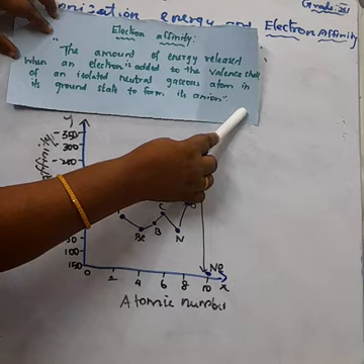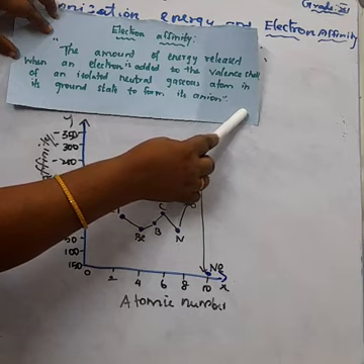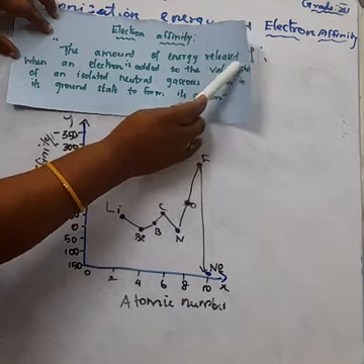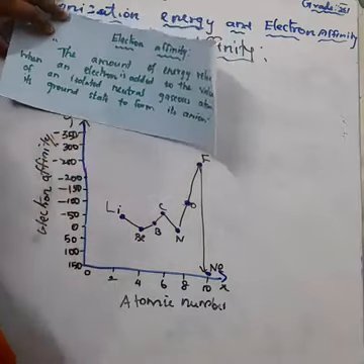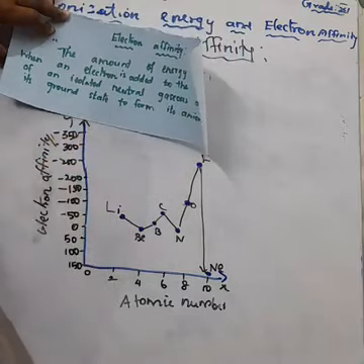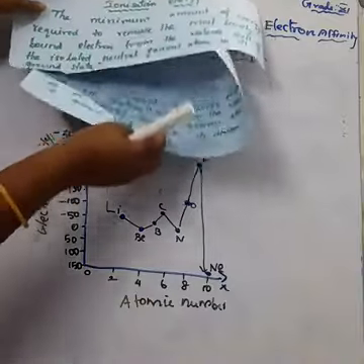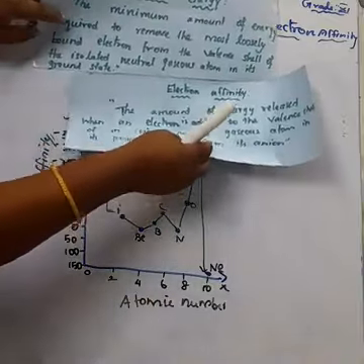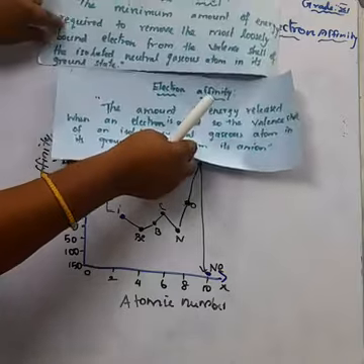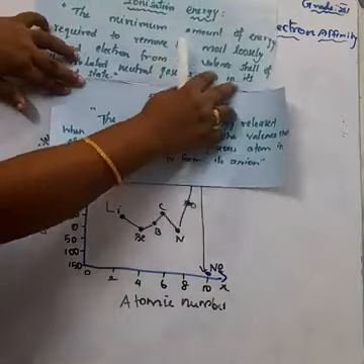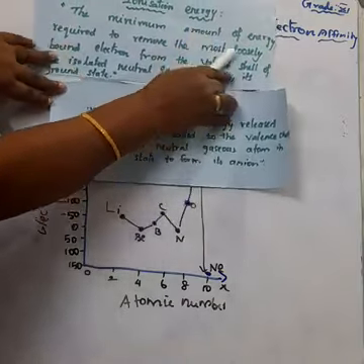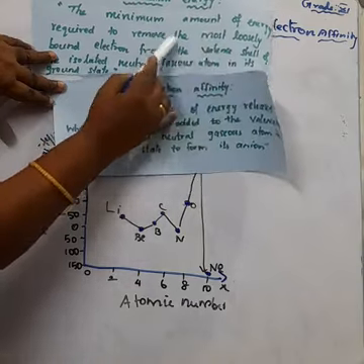When comparing ionization energy and electron affinity, ionization energy means the minimum amount of energy required to remove an electron. When we remove electrons, we should give energy to the atom.